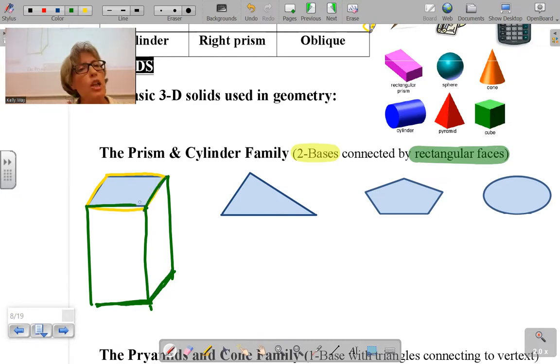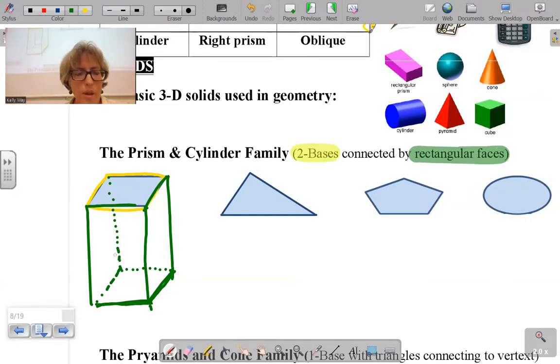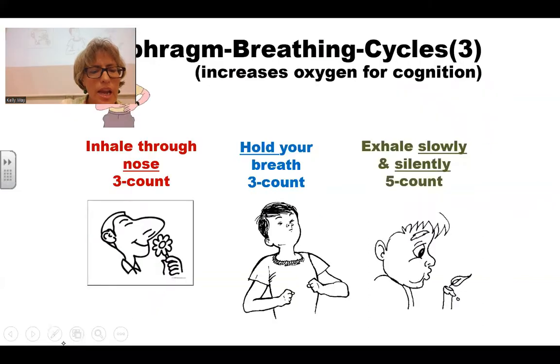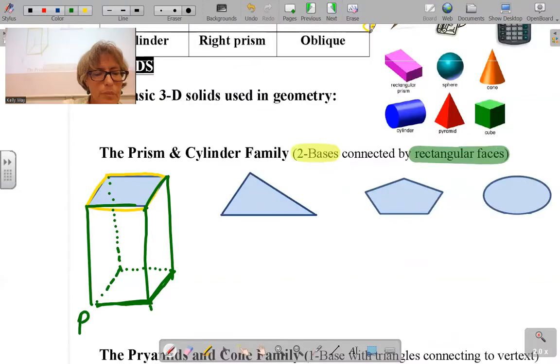Now you have something that looks 3D, but to represent depth, these edges in the back are not visible if this was actually a complete solid. So we dot the edges or dash the edges that are not visible. That is a rectangular prism.